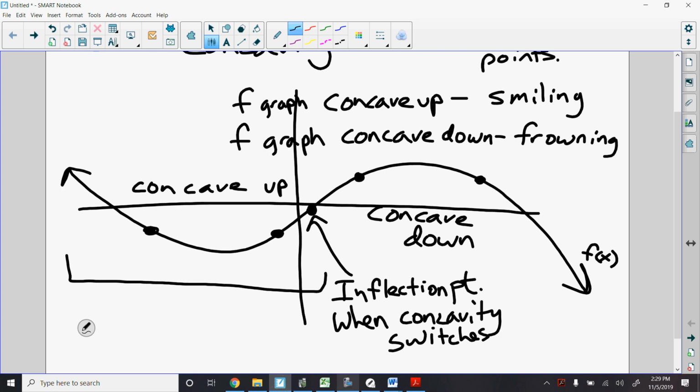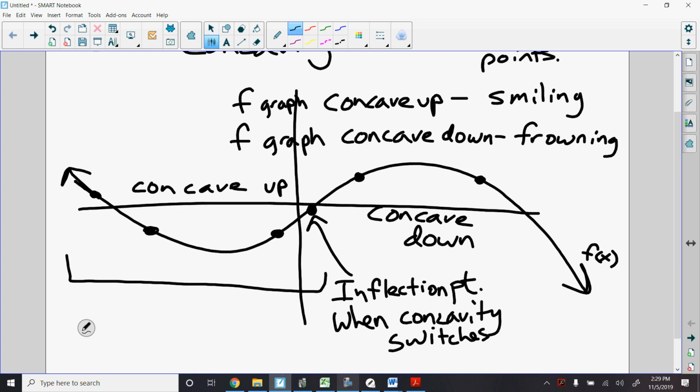So what is going to determine for us whether our graph is concave up or concave down? Well, it's actually going to be the second derivative. Okay? So the derivative of the derivative. If we take a look at this, let's see what's happening to our tangent lines.